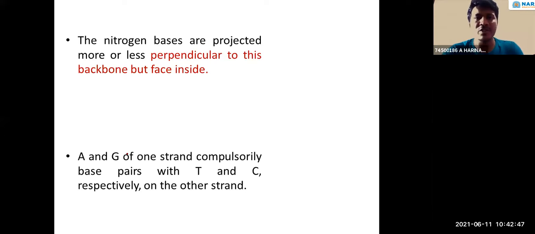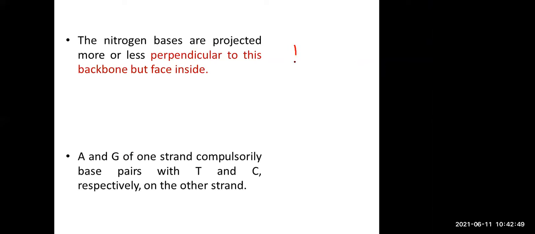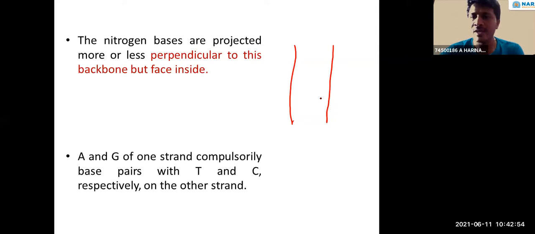This one also has to be remembered. This is one polynucleotide chain, this is one polynucleotide chain. How are the nitrogen bases present? Perpendicular. This is the backbone, sugar phosphate. The nitrogen bases are present inside the helix, arranged perpendicular to the backbone. Imagine adenine, guanine, thymine, and cytosine.